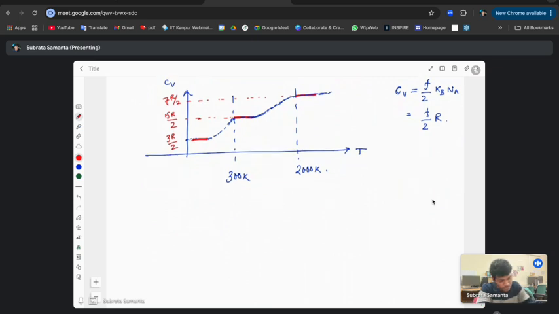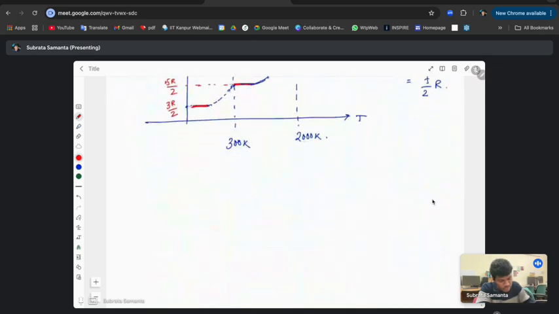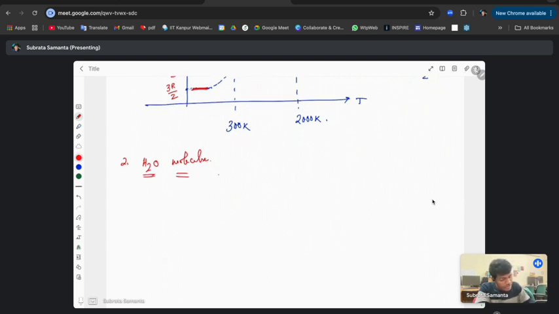And for triatomic molecules, so this was H2. Now consider H2O molecules, which are triatomic molecules. For linear triatomic molecules, as I discussed in the previous class, let's say the system looks like this: A, B, C, three atoms in a line.